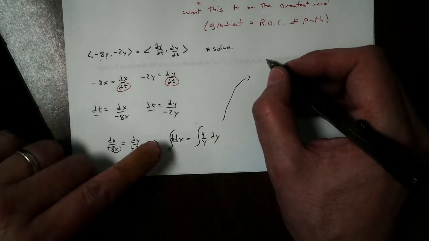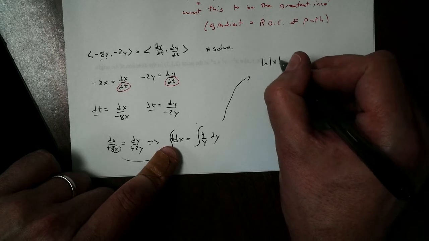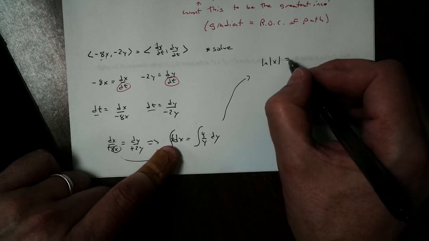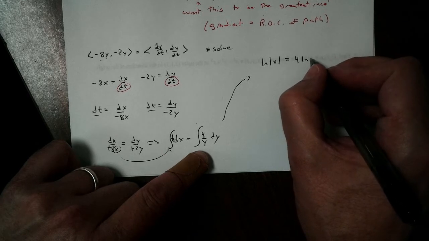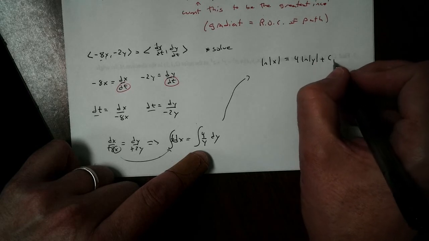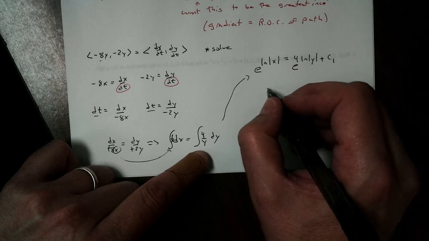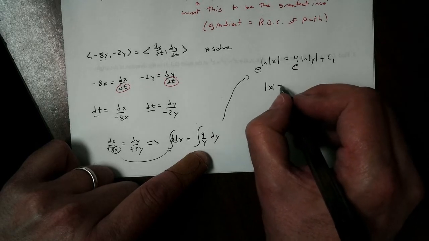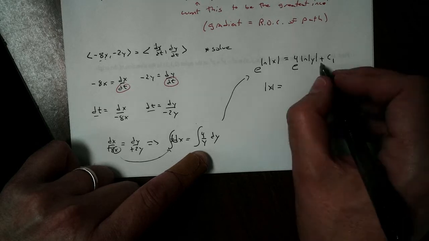So when we integrate, the antiderivative of 1 over x gives the natural log of the absolute value of x equals 4 natural log of y plus c1. Exponentiate both sides, and this just becomes the absolute value of x equals, and in pre-cal we had to do all these little tricky things, but we know what this is going to become.